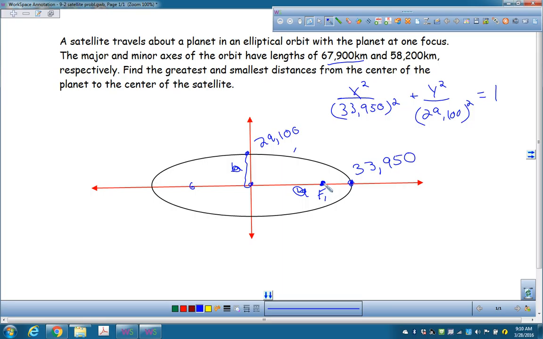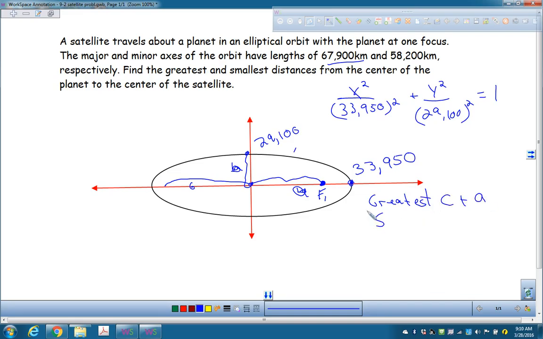So the greatest distance is going to be C plus A, and the smallest is going to be this distance, A minus C. That's the way you set that one up.